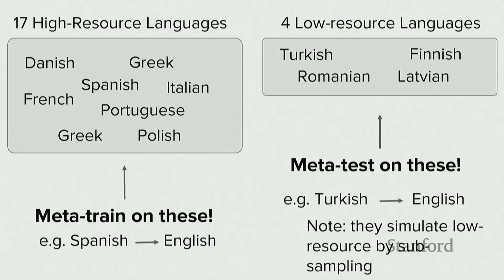During meta training, you sample your tasks from the high resource tasks and train on these. During meta test time, you fine tune on the lower resource tasks. It's important to note that these low resource languages are lower resource than the high resource languages, but they're still not truly low resource, so the authors had to subsample in order to mimic a low resource setting.